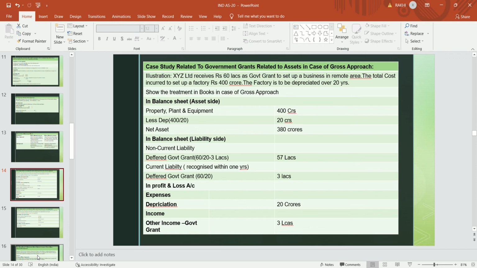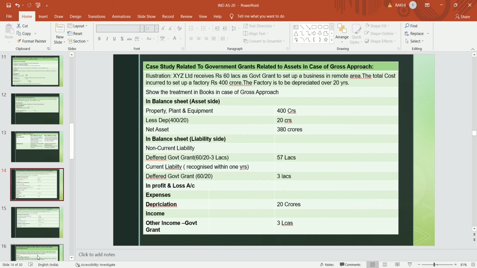That is 20 crores depreciation, and the net asset will be 380 crores. In the balance sheet, on the liability side, non-current liability, deferred government grant, that is the government has given 60 lakhs for that asset. So 60 divided by 20 over a period of 20 years, minus 3 lakhs, which is a current liability.